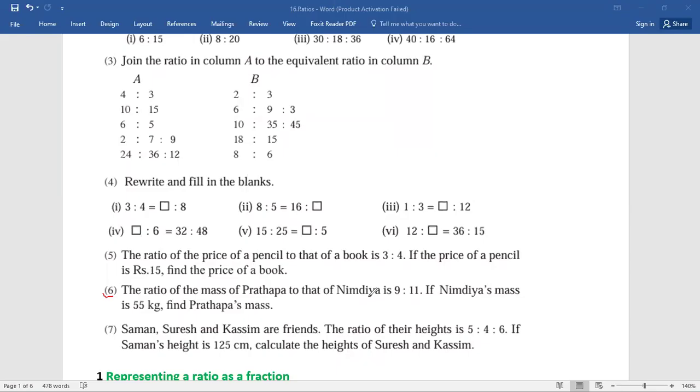I'm not going to write this one now. Now I will write directly the height of Suresh equals... Now we know the height of one part, 25 centimeters.